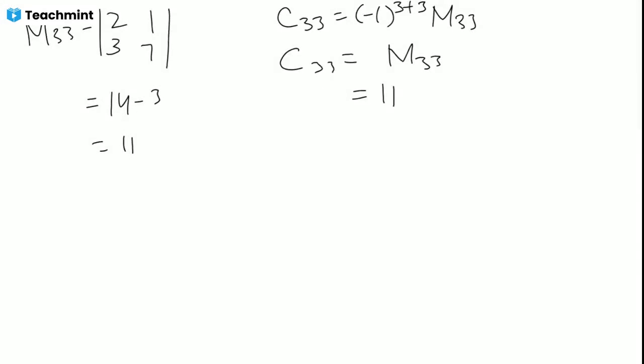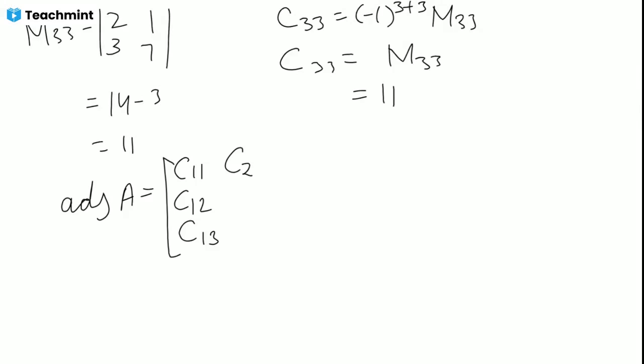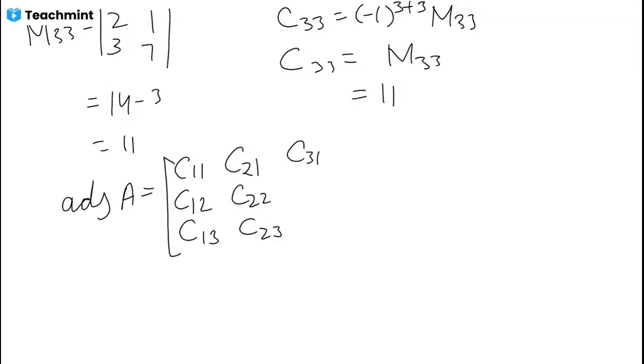Now adjoint of A is equal to the matrix of C11, C12, C13, C21, C22, C23, and C31, C32, and C33.